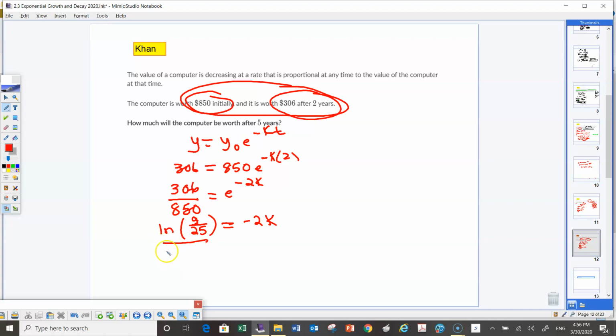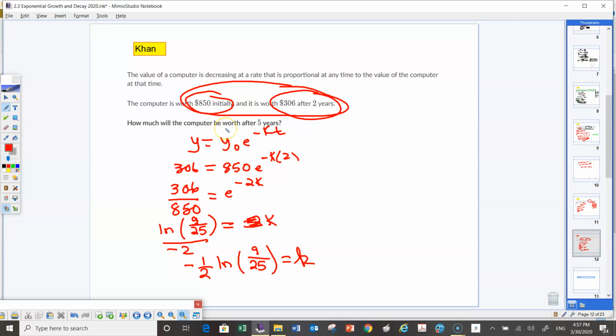And now I divide this side by negative 2, and I end up getting my answer for k to be, if I want to write it as a fraction out front, negative 1/2 ln of 9 over 25 is equal to k.